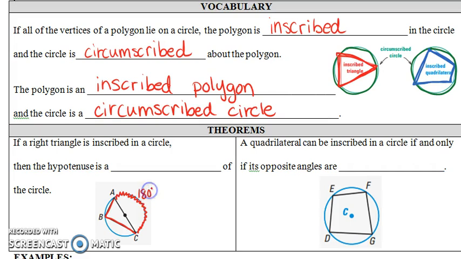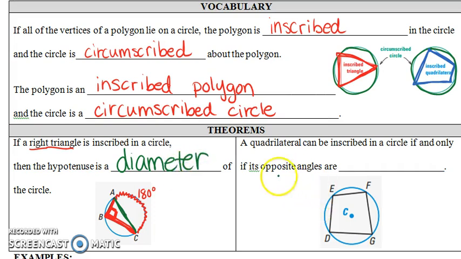And semicircles measure 180 degrees, which means angle B, which is the inscribed angle, is half of that. So angle B is going to be 90 degrees. So that's why we're saying this is a right triangle. A right triangle is a triangle that has one angle measuring 90 degrees. So if we have a right triangle that's inscribed in a circle, then the hypotenuse is always going to be a diameter of the circle.